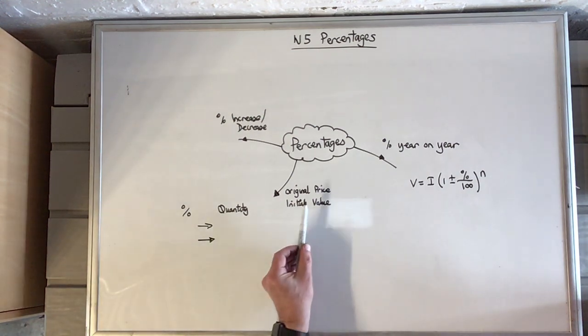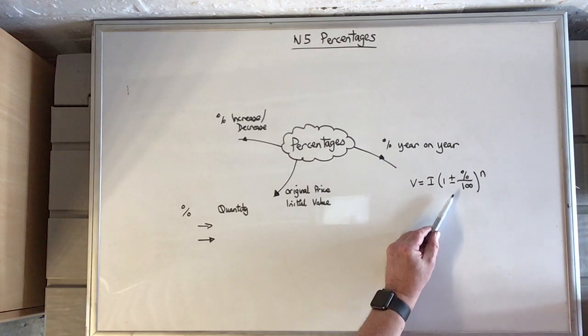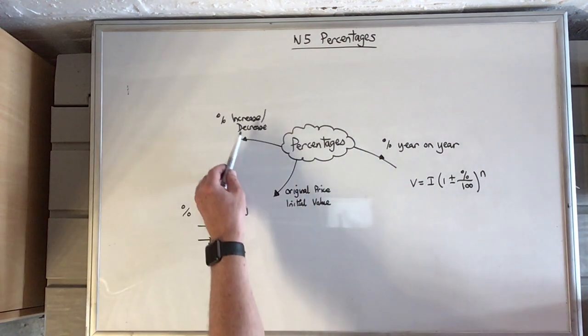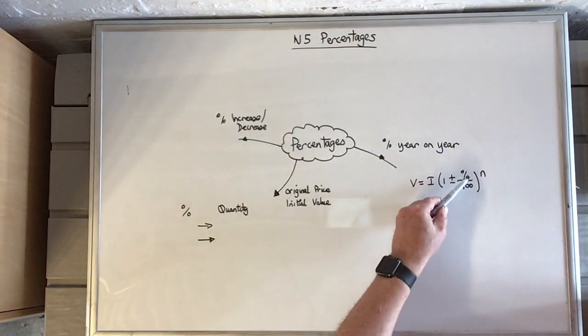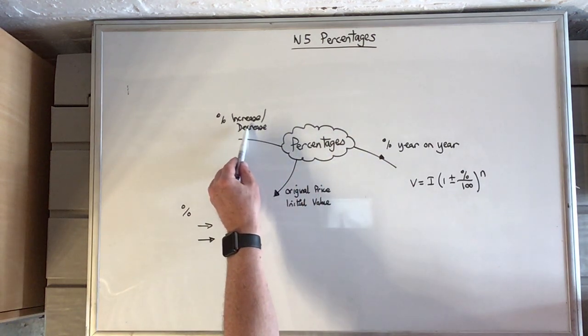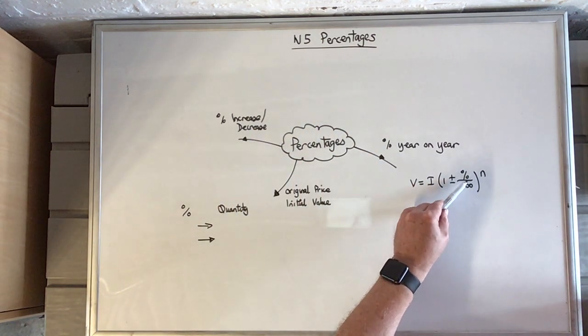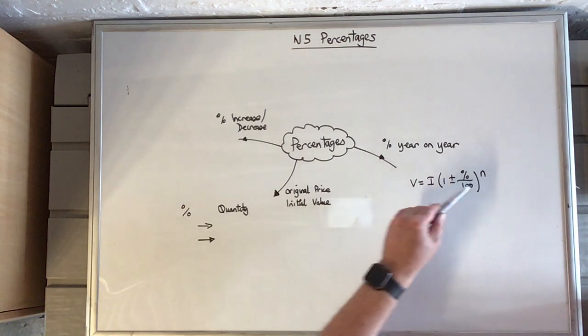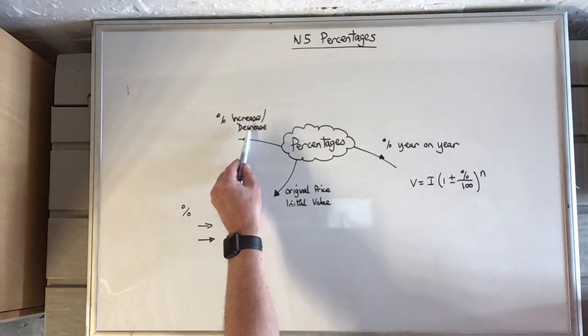Now the first two always come up. Sometimes the increase or decrease will come up and feed into part B, the question in here. Never saw this come up on its own.